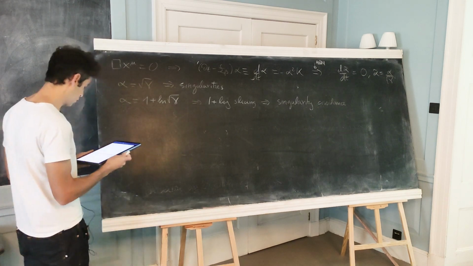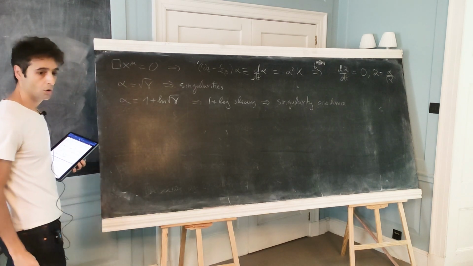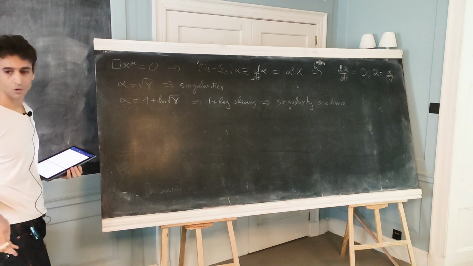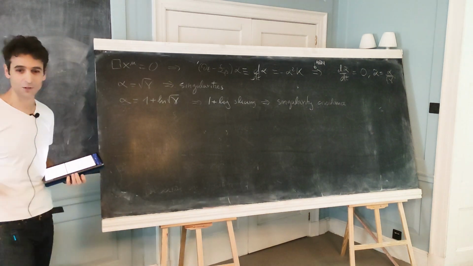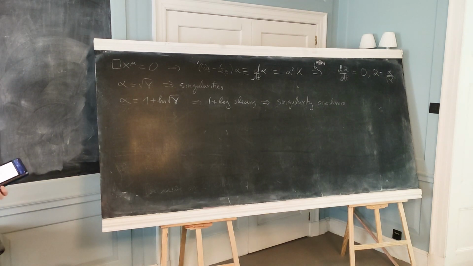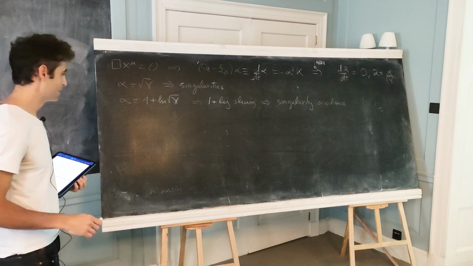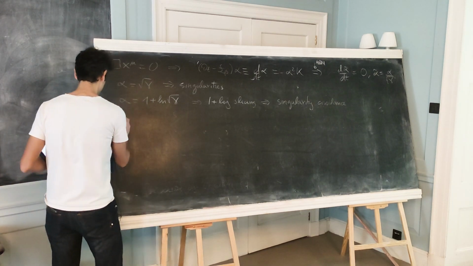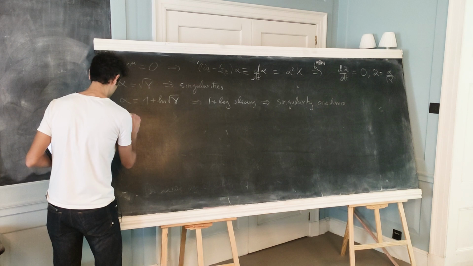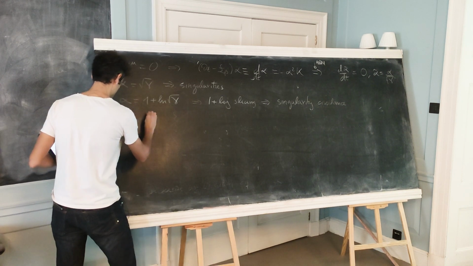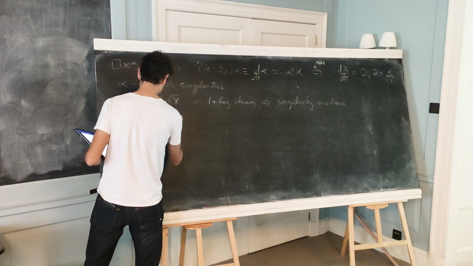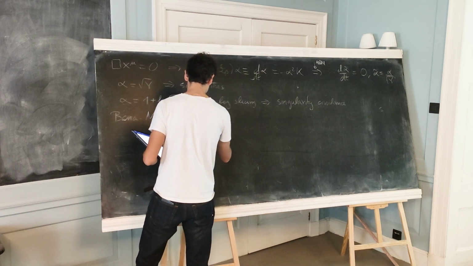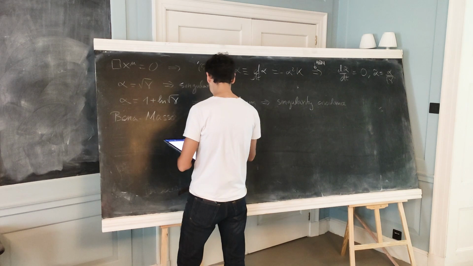And this is part of a wider family of evolution equations for the lapse called the Bona-Masseau family. In English it's pronounced Bona-Masseau, but both Bona and Masseau are from Mallorca, so in Catalan it is Bona and Masseau, but anyway. So that's a family of evolution equations for the lapse, which is of this form.